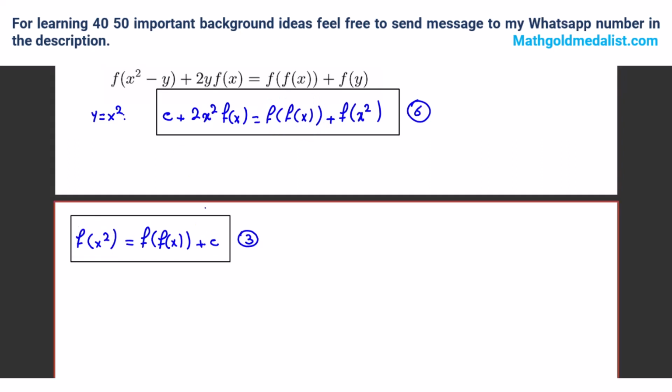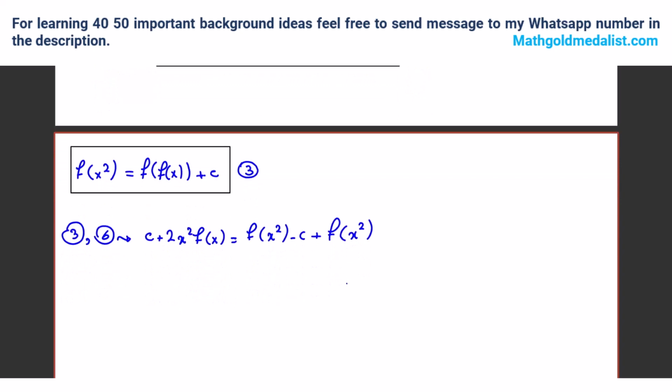So let's write it. From 3 and 6, we can say c plus 2x squared f of x is equal to f of x, from the third one, is equal to f of x squared minus c. So f of x squared minus c plus f of x squared.